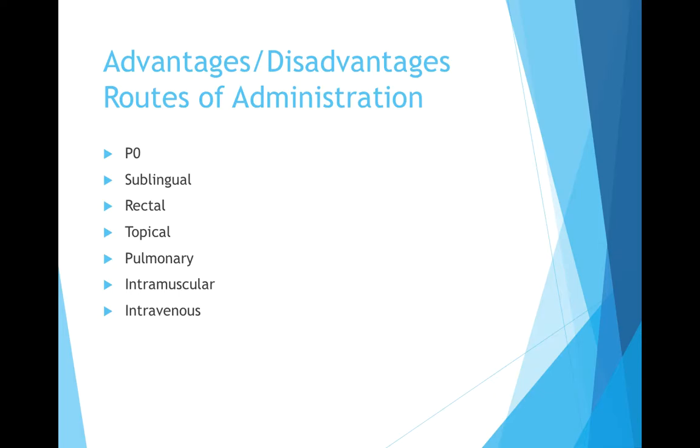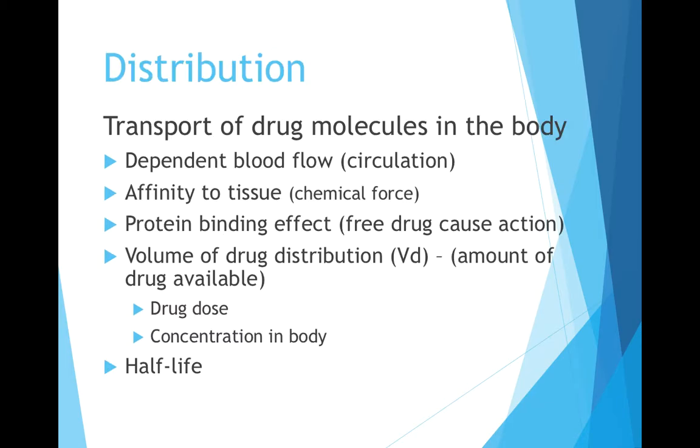The advantages of it, though, are the ease of administration and the patient's ability. It's inexpensive, it tends to be convenient, and it is the safest route for administering meds. And then you can go through all of these routes yourselves and use that Chapter 1 in ATI as your resource for the advantages and disadvantages of each.